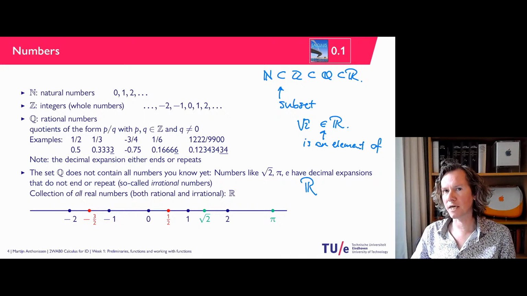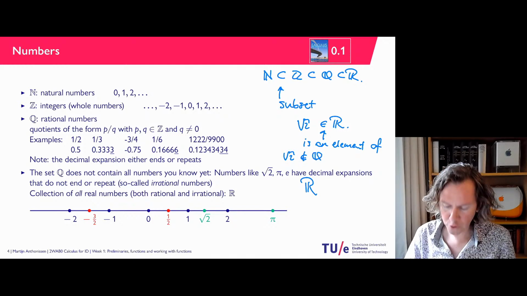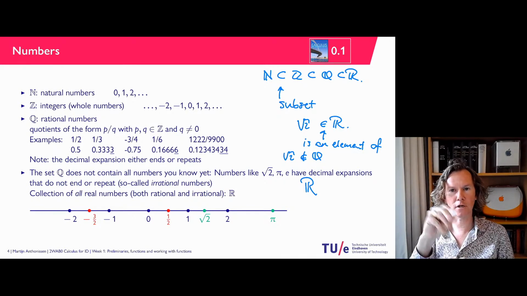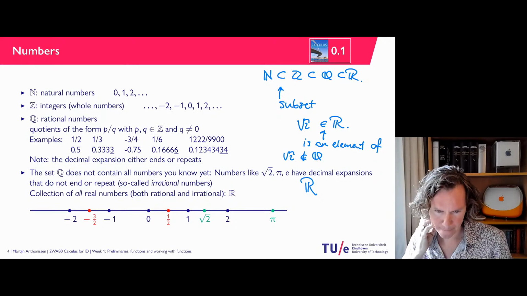So it belongs to that set, it is part of that set of numbers. And we sometimes also write something like this. So that means the square root of 2 is not a rational number. So if I write is an element of and then cross it, it means is not an element of. Okay?